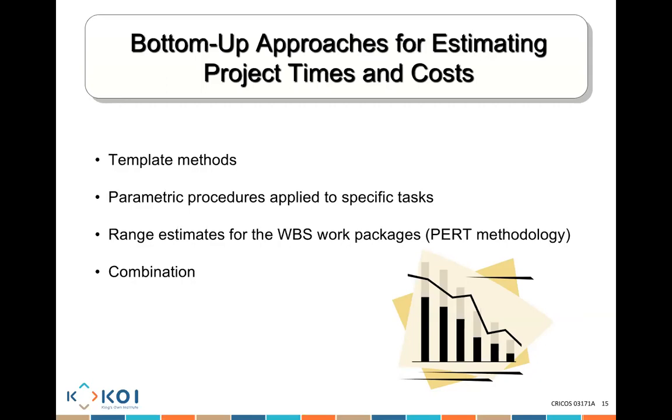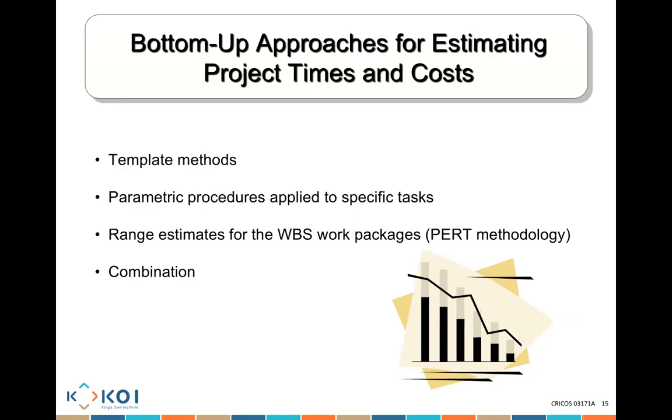A third method is what we call range of estimates. We use a PERT method. When we estimate a task, we estimate what's the optimistic time for me to finish this job, what's the most likely time I need to finish this job, and what's a pessimistic time for me to finish this job.